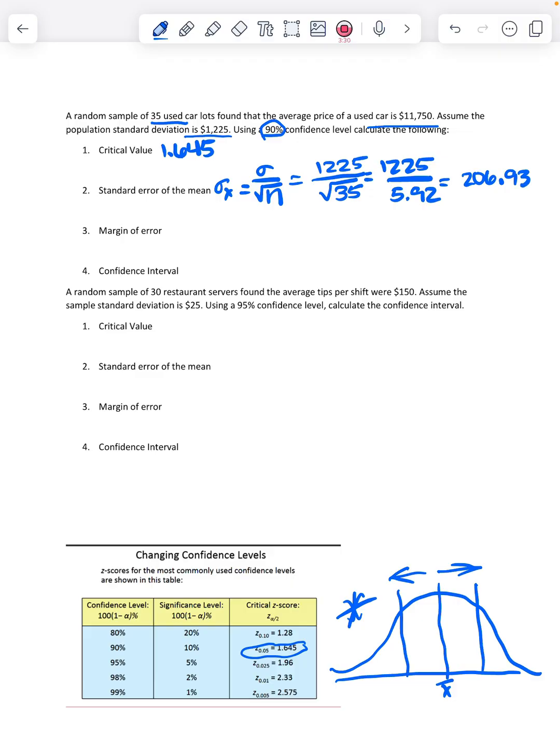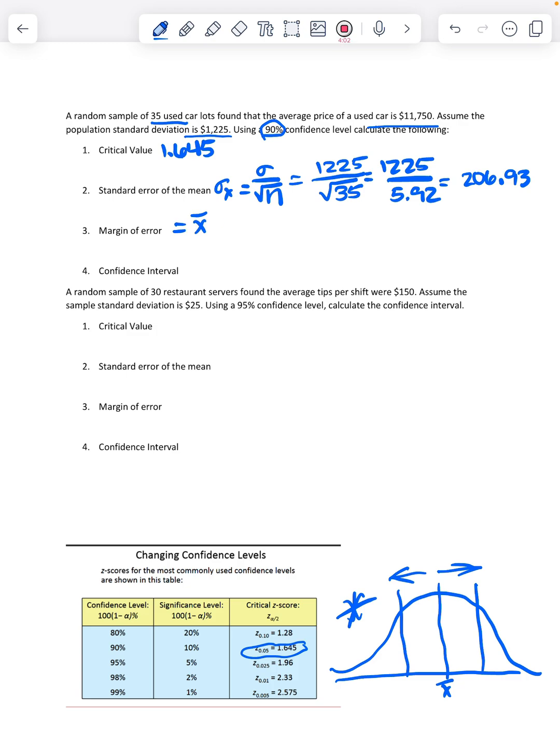So this is my standard error. What I'm going to do with that standard error is calculate my upper and lower limits using the formula here, and this will also tell me my margin of error.